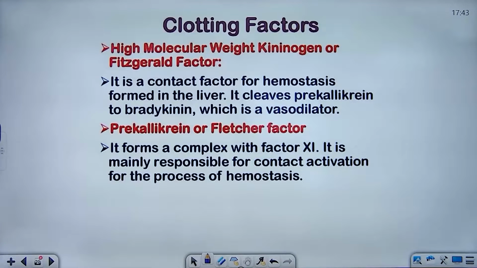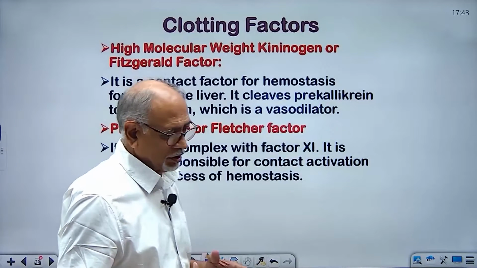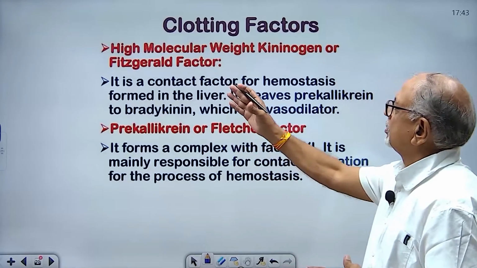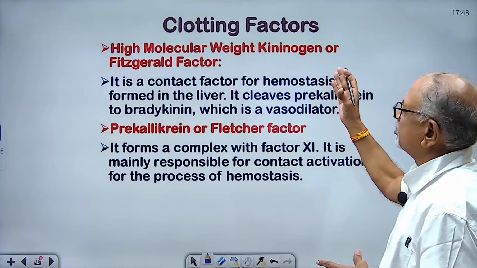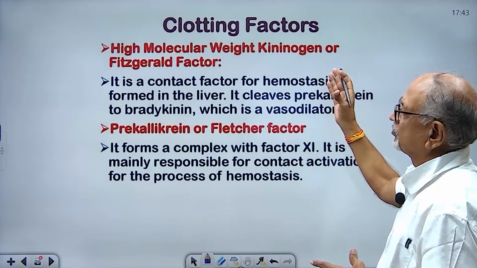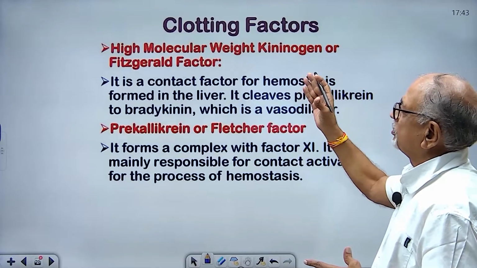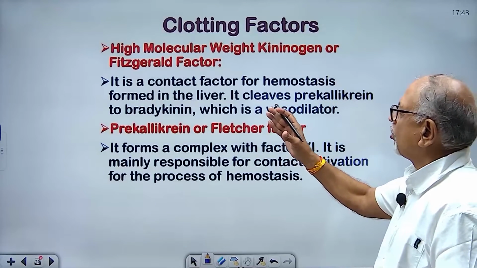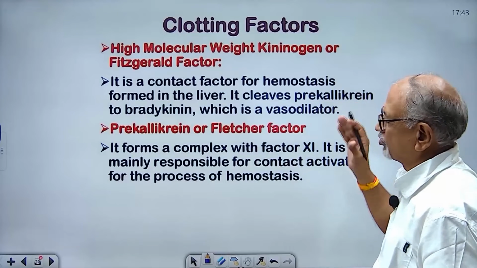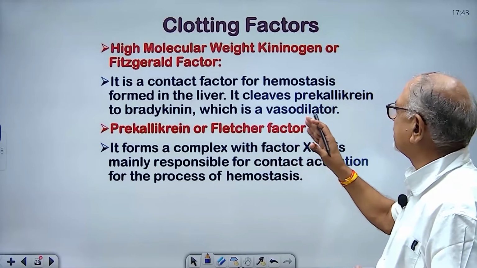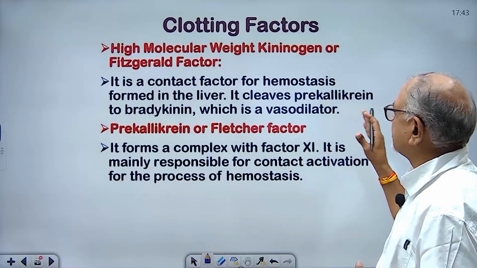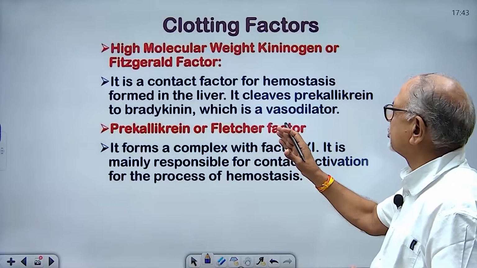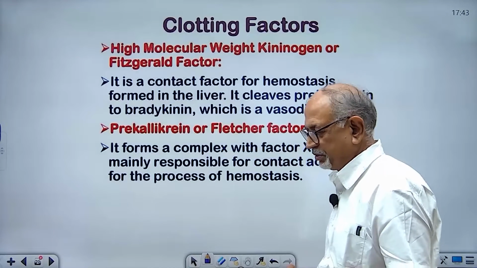Now, some other factors in blood clotting include high molecular weight kininogen or Fitzgerald factor. It is a contact factor for hemostasis formed in the liver. It cleaves the prekallikrein to bradykinin, which is a vasodilator.